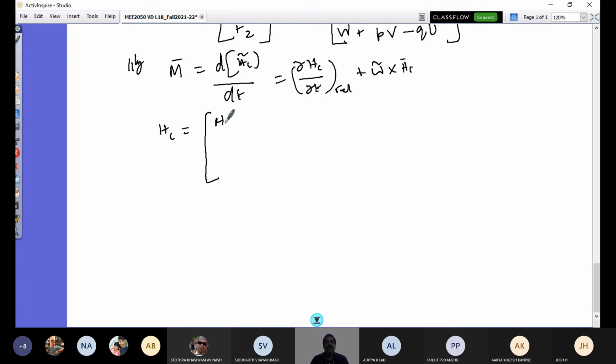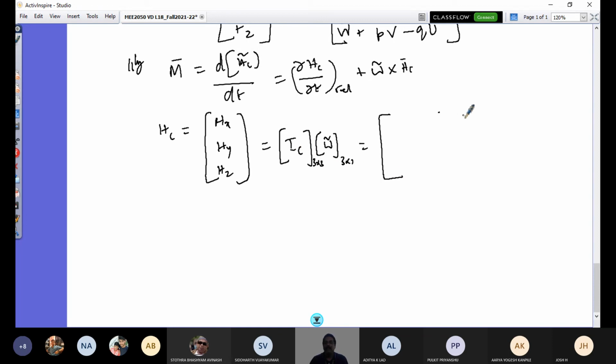My hc is now in column format, hx, hy, hz. So the angular momentum with respect to the x-axis, y-axis, and z-axis respectively would be Ic, the centroidal inertia matrix, 3 by 3, times omega, which is 3 by 1. So this is Ixx, Ixy, Ixz, the 9 components. So this product, this is 3 by 3, and the result is going to be 3 by 1. I'm writing this vector, which is my angular momentum vector.